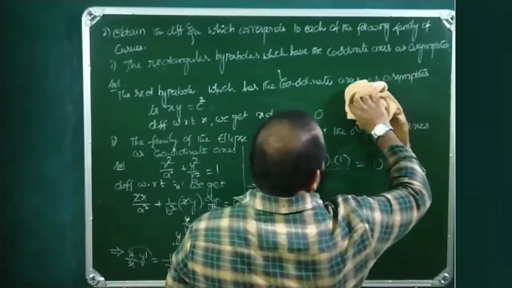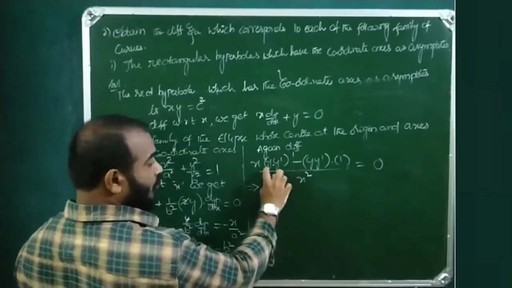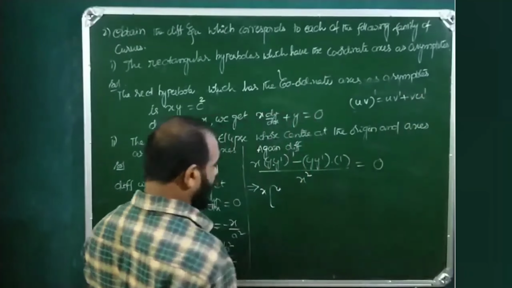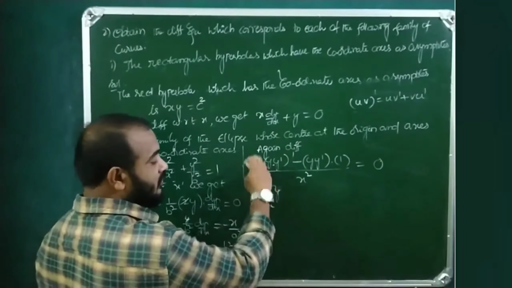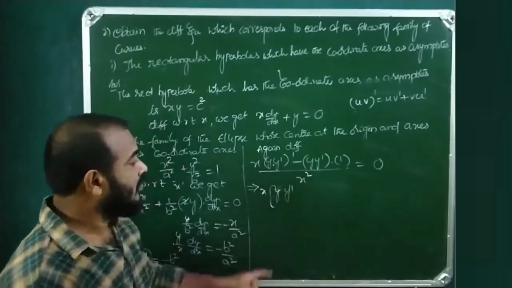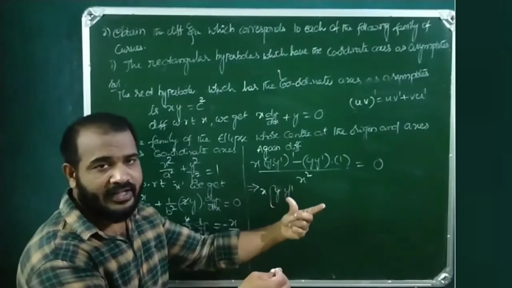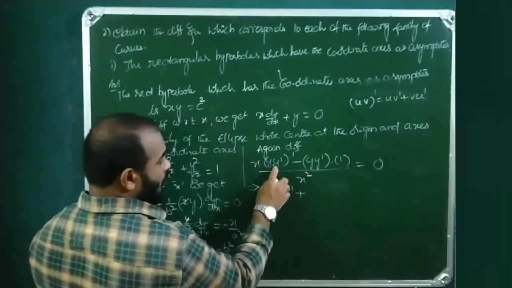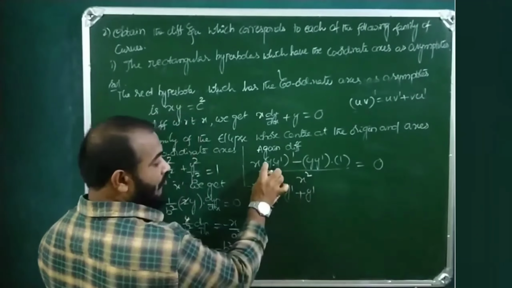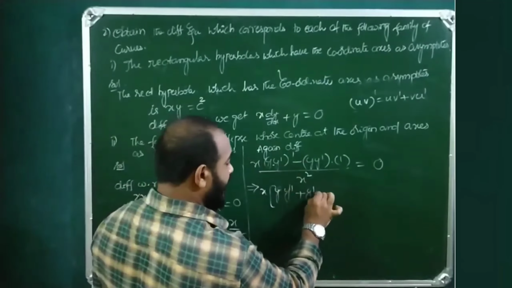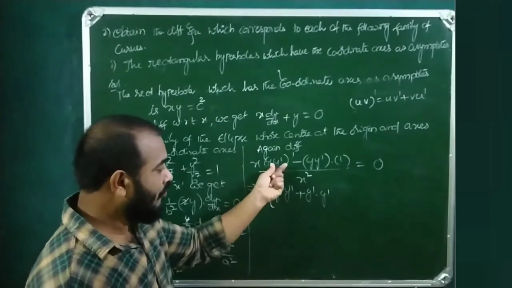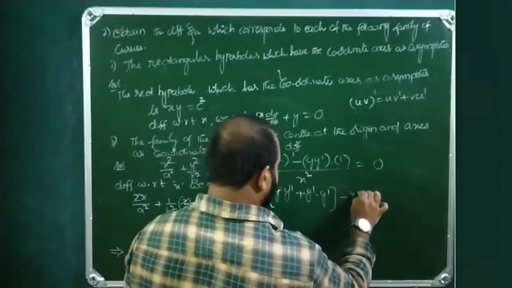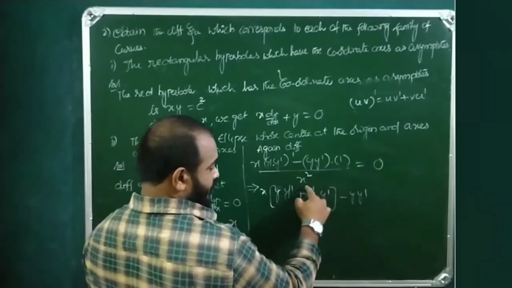Now this is equal to x into y double dash minus y dash, divided by x square, equals 0. 0 into x square is 0.